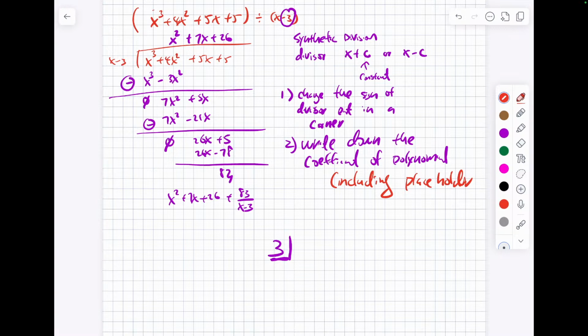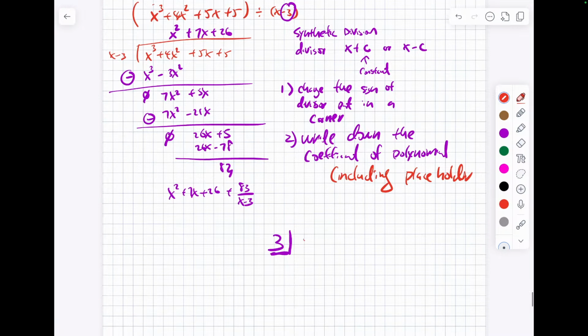What I mean by placeholder is, if you have a skipping term, you have to put down 0x or 0 something. So in this case, it's going to be 1, because this is 1. Do you see this is 1? I'm going to put down 1. What's the next number? 4. What's the next number? 5. Remember, sometimes it's negative, so you're going to put negative.